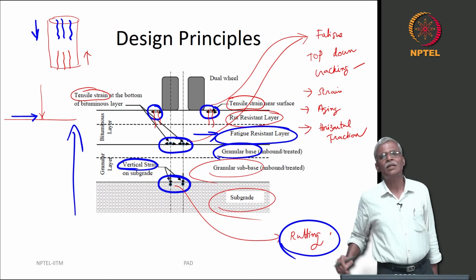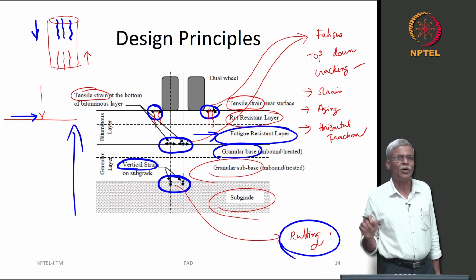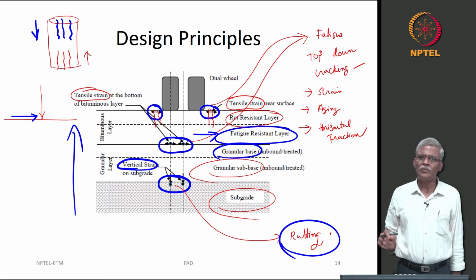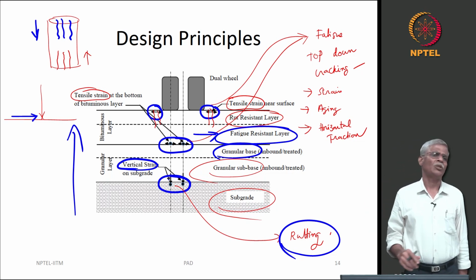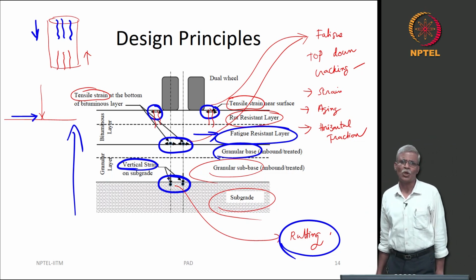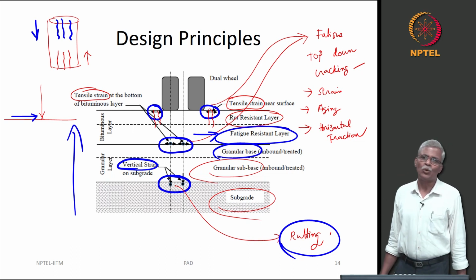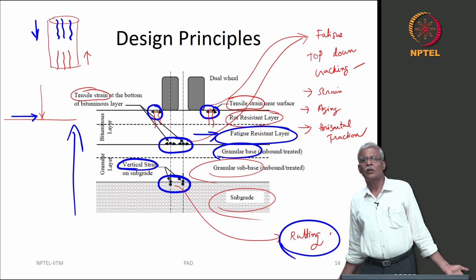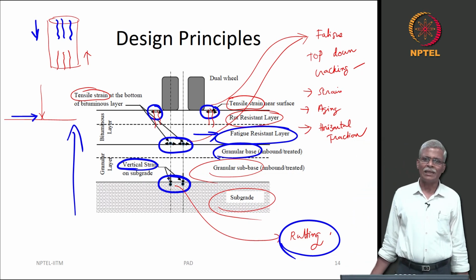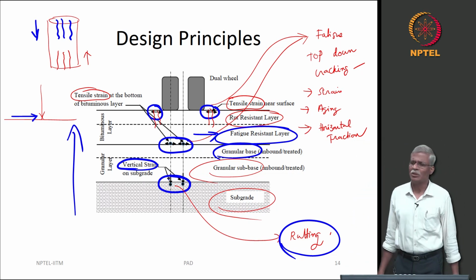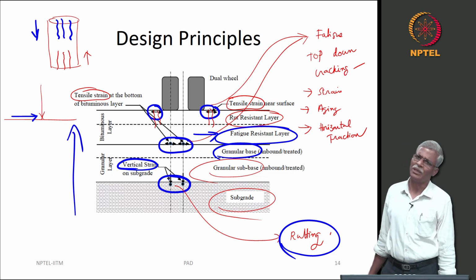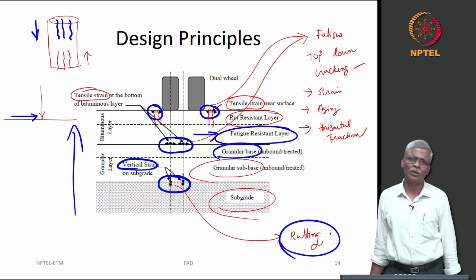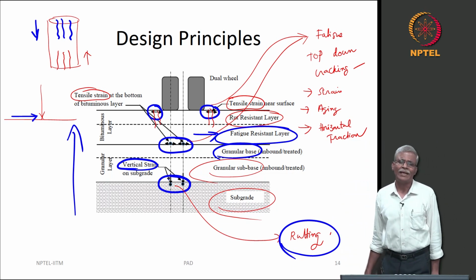But why do I still see a rut resistance layer? Because we know for a fact that a bituminous mixture is laid with around 6 to 8% air voids. I am not really sure how many of you have actually taken a course on mix design or pavement materials, because we have another course called mechanical characterization of bituminous material, in which I mentioned a little bit in passing about the mix design, but I do not really get into the details.